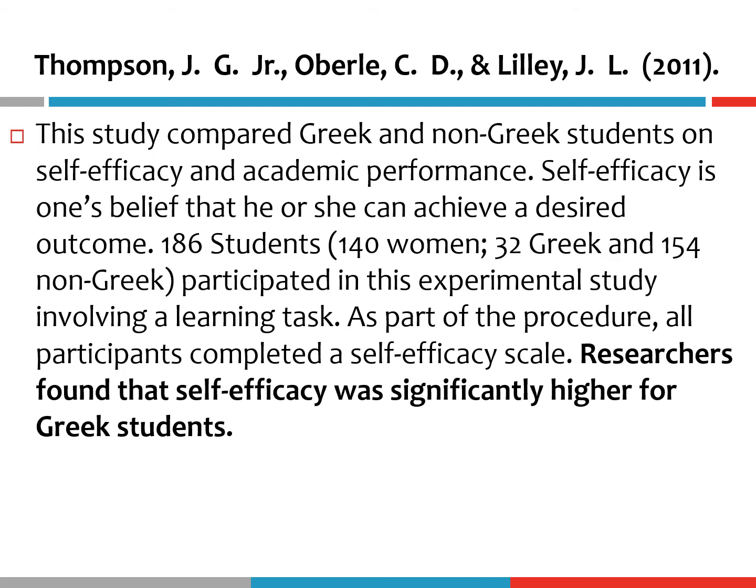And they found generally that self-efficacy was significantly higher for students in a Greek organization, right? So we see more extroversion, we see more self-efficacy, we see perhaps more confidence in a social situation. So these are some variables that tend to be characteristic of individuals who join these organizations.